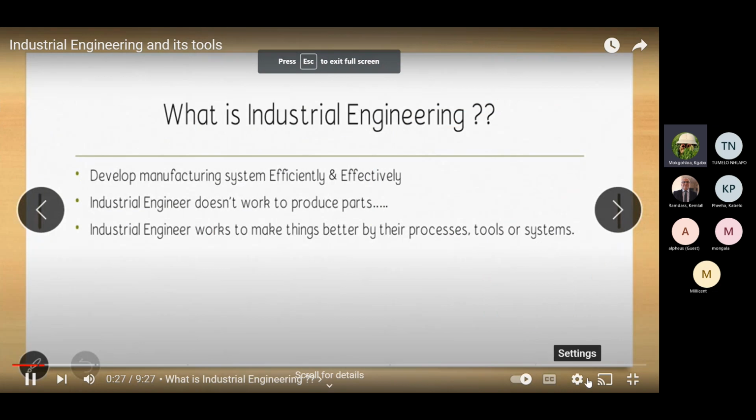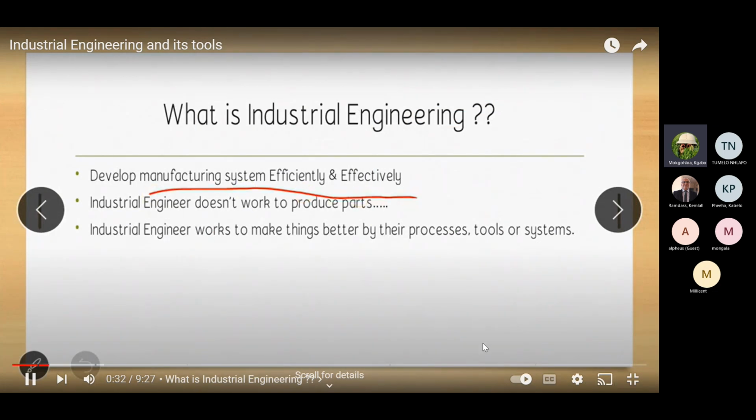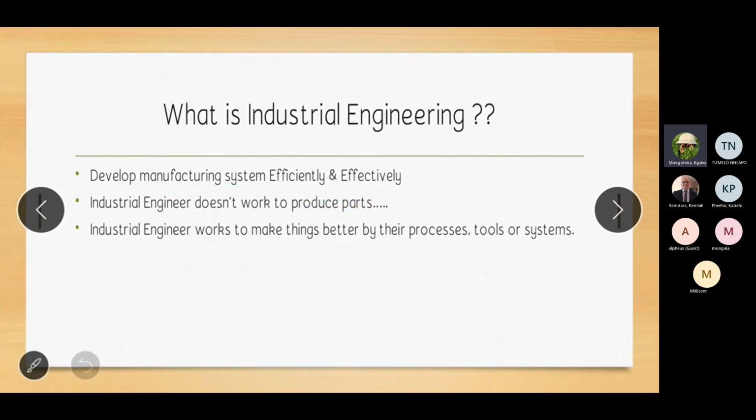It is a system by which we develop manufacturing system efficiently and effectively. It means like when we will improve our manufacturing system to utilize it properly and efficiently and effectively, it is then industrial engineering. So industrial engineering doesn't work for to produce the parts. Like it is not a production engineer.